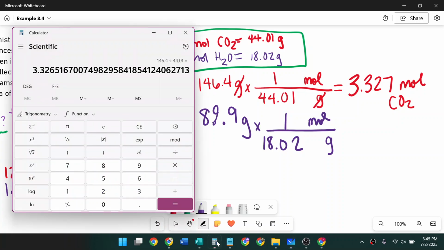And this one's going to be limited to 3 significant figures because of the 89.9. The 8 that comes after this is going to round that up. So it'll be 4.99.